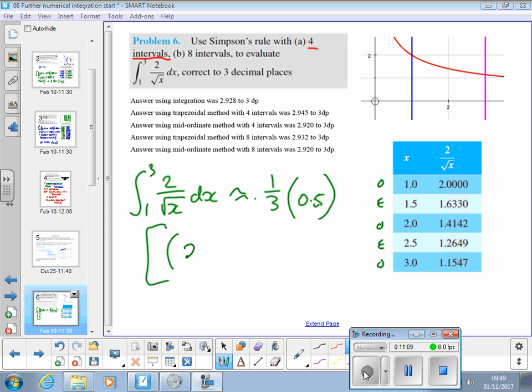So it's 2 plus 1.547 plus 4 times the even ordinates. Let's put that down here.